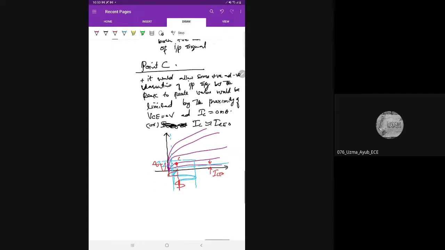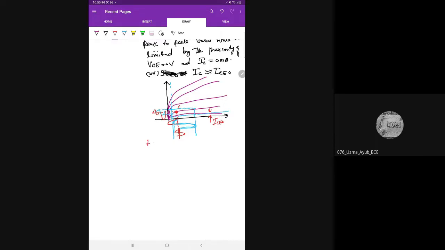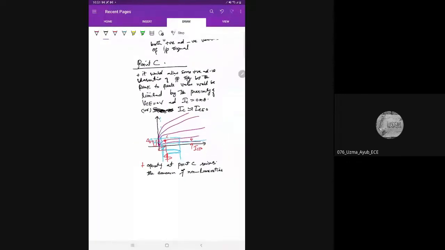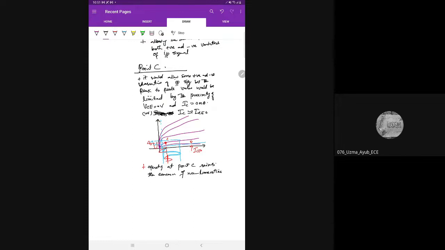So we can say that operating at point C raises the concern of non-linearities. तो पॉइंट सी पे अगर आप ऑपरेट करोगे तो हमें बहुत ही ध्यान रखना है, we are very much concerned about the saturation, moving the transistor into saturation or cutoff.